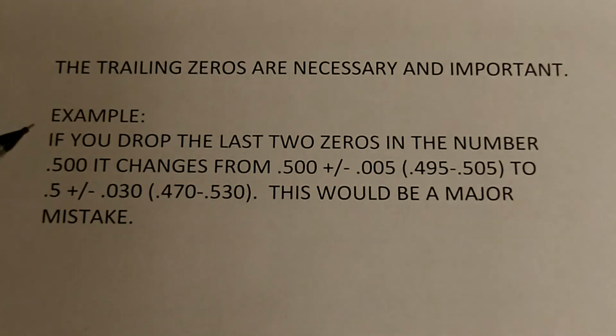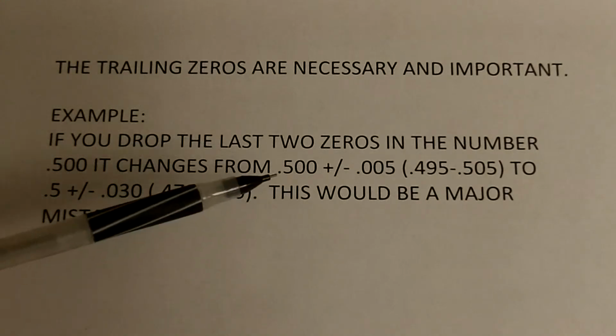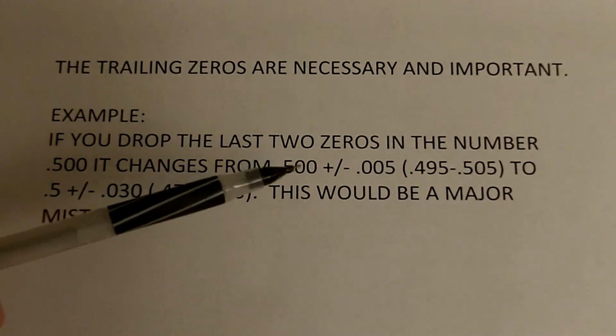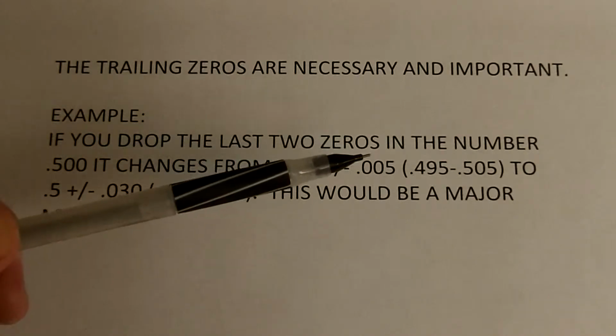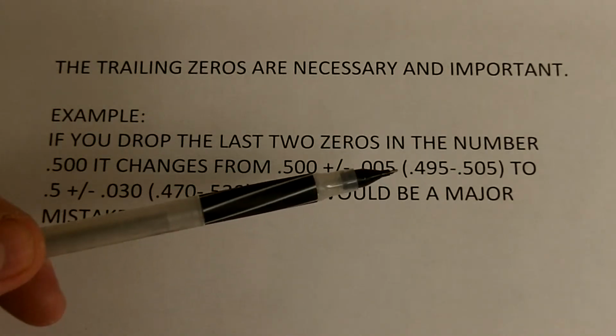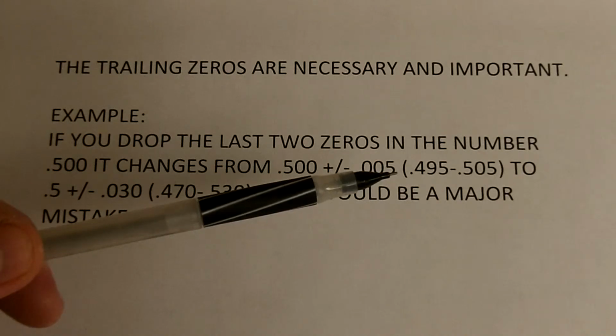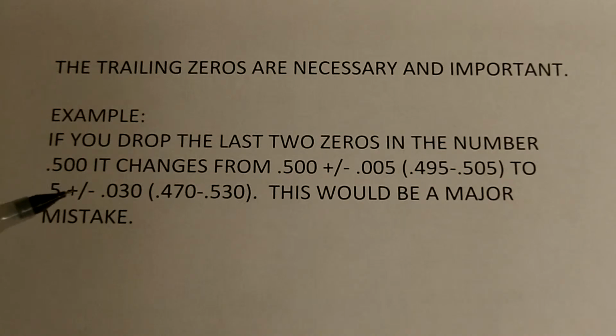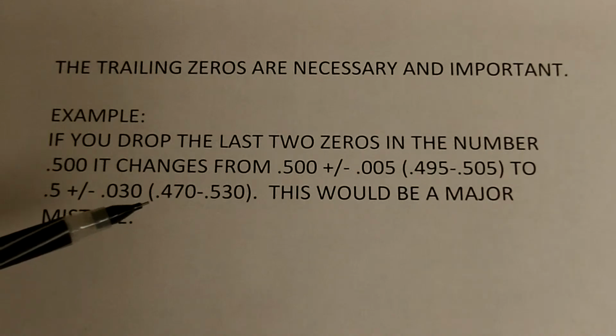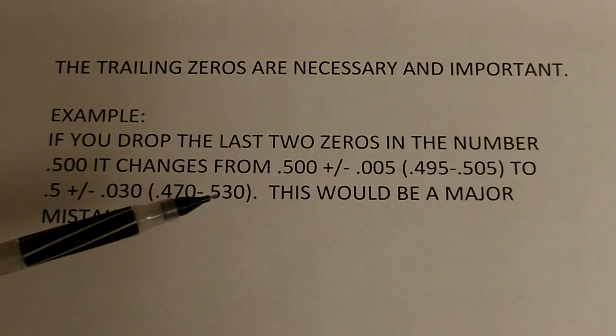In other words, if you were to drop the last 2 zeros in the number 500 thousandths, .500, it changes from .500, 500 thousandths, plus or minus 5, which means that the size must be, to be within tolerance, 495 thousandths to 505 thousandths, to .5, which makes it plus or minus 30 thousandths, which makes the maximum and the minimum dimensions 470 thousandths to 530 thousandths.